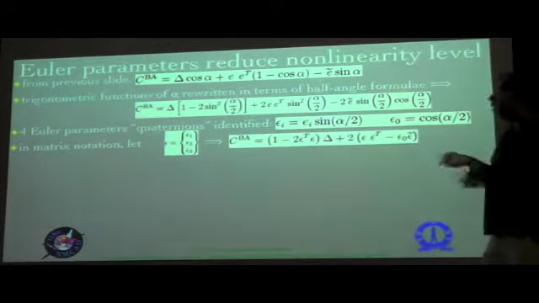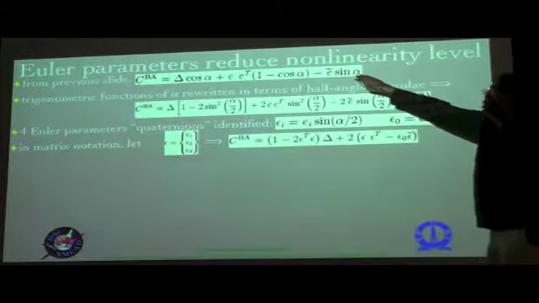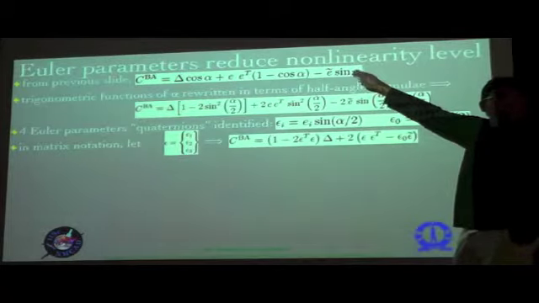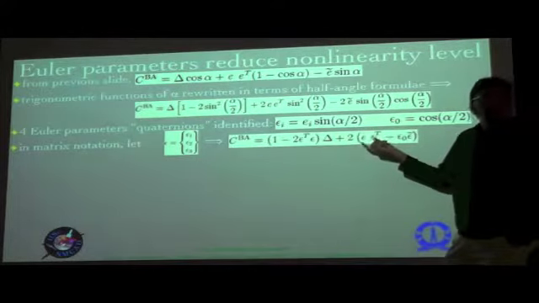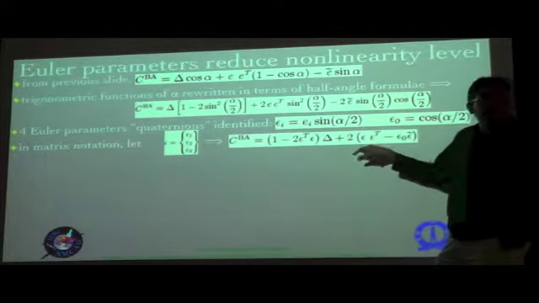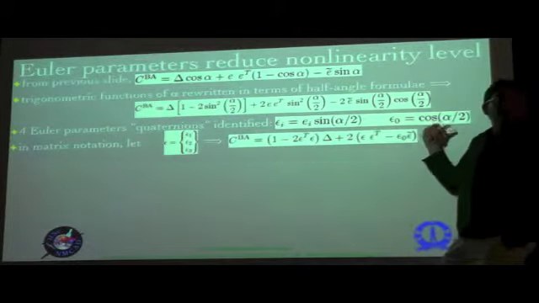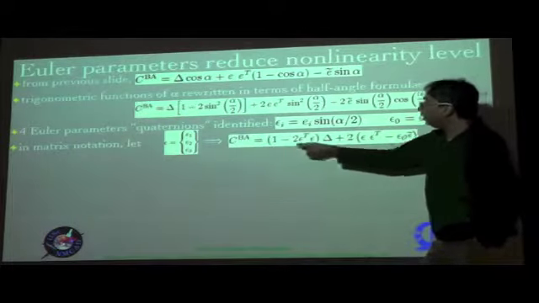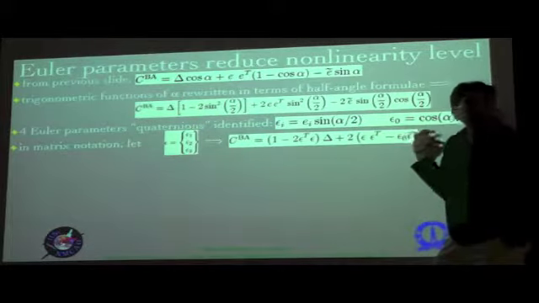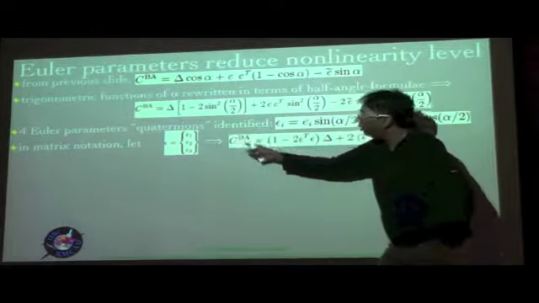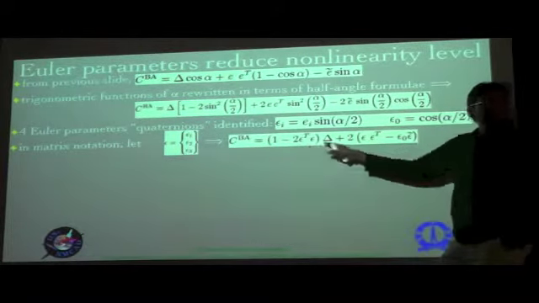So now the advantage that you see in going from this representation where alpha, the angle of rotation, is used explicitly, to this one where it is used implicitly through epsilon naught and epsilon, which are functions of alpha, actually linearly proportional to sines and cosines of alpha, is that if you think of epsilon and epsilon naught as the rotation variables, the direction cosine matrix is only up to quadratic in the rotation parameters.